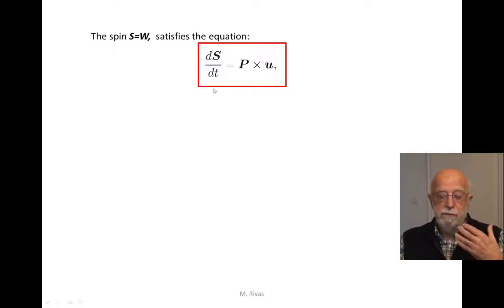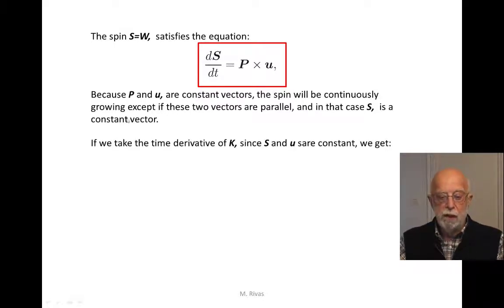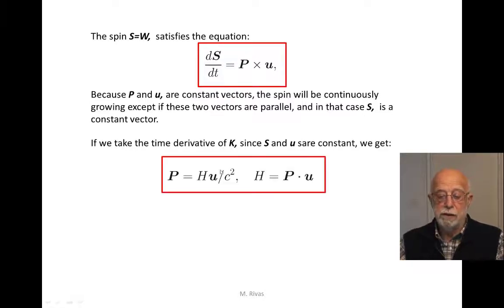So this is very far from being an elementary particle if P and U are not collinear, because this cross product will define a constant vector, and this system will represent an object whose spin is continuously increasing. But if it represents an elementary particle, this spin must be constant, so P and U must be collinear. In that case, the spin is a constant vector. If we take the time derivative of k, since S and U are constant vectors, we get this.